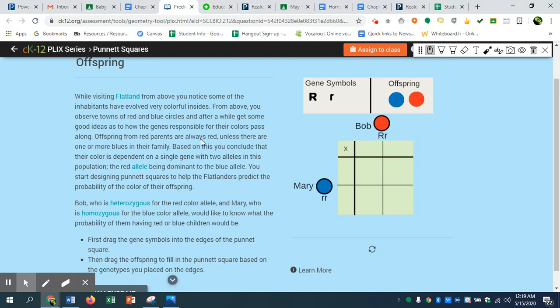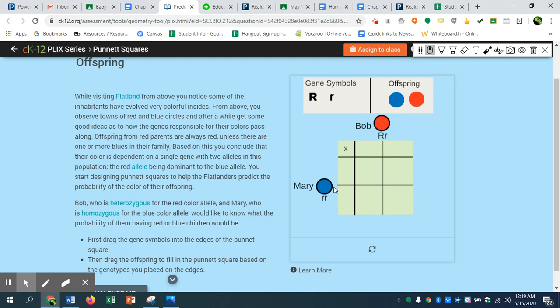Offspring from red parents are always red, unless there are one or more blues in their family. Based on this, you conclude that their color is dependent on a single gene with two alleles in this population, the red allele being dominant, the blue allele being recessive. So red is dominant, so red would be capital R, and blue would be lowercase r.